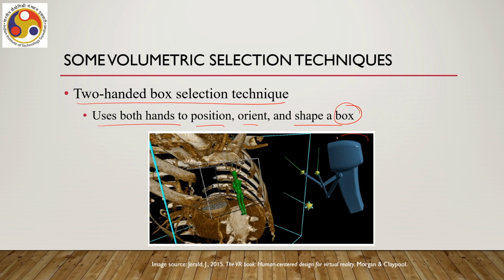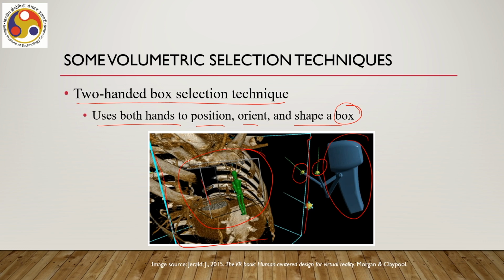For example, this virtual avatar is used to depict how both the hands can be used to first define a box shown with this blue line, and how that can progressively be reduced with other boxes shown with this white line to basically select a specified region of the 3D space.